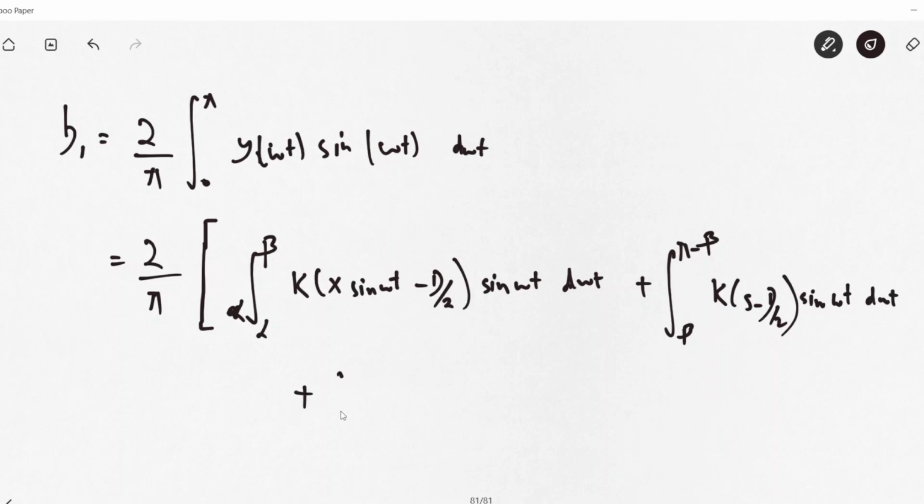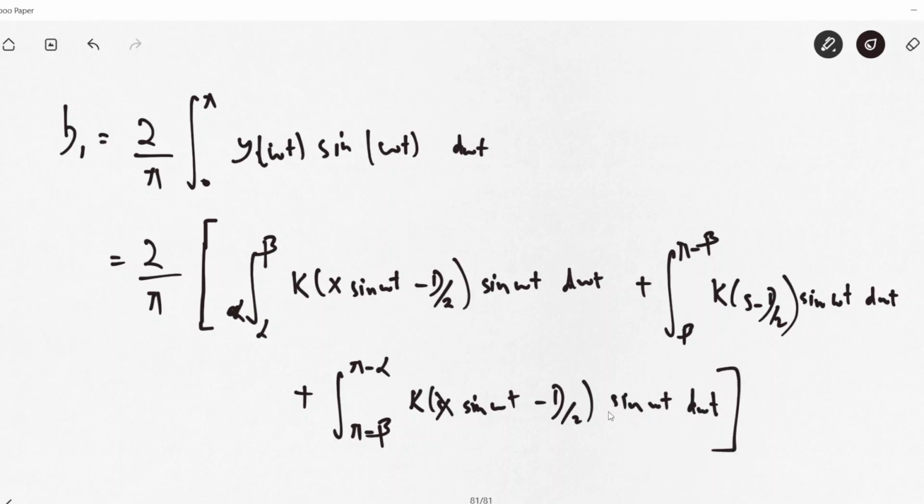And then you can have from pi minus beta to pi minus alpha, it is again kx sine omega t minus d by 2 sine omega t d omega t. Fine. Then from pi minus alpha to pi, it is 0, so this whole term will become 0.